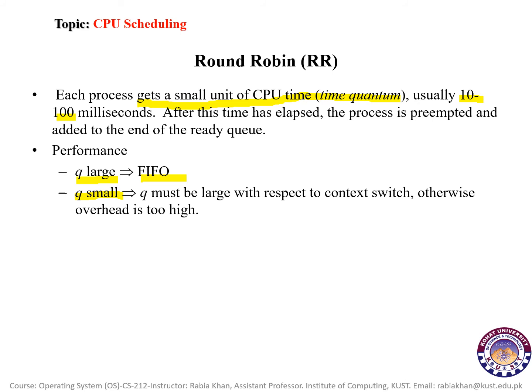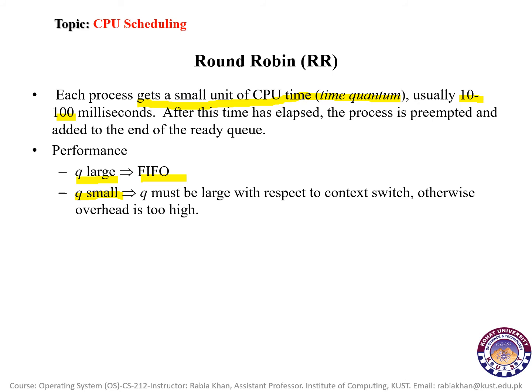So context switch is happening more, the CPU is idle, and more fruitful work is not being done. This is depicted in the diagram in the coming slide, where I will discuss more the performance of this algorithm. If Q becomes large, it becomes first come, first served, and if it becomes small, context switch will happen more.